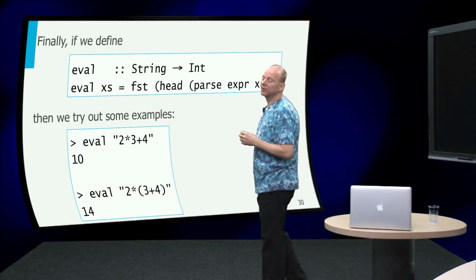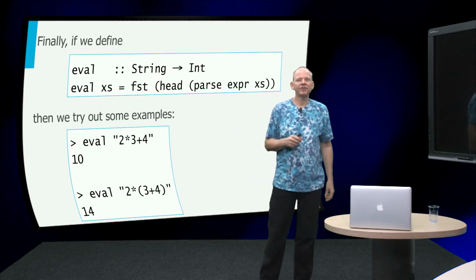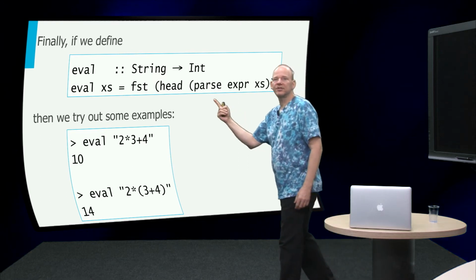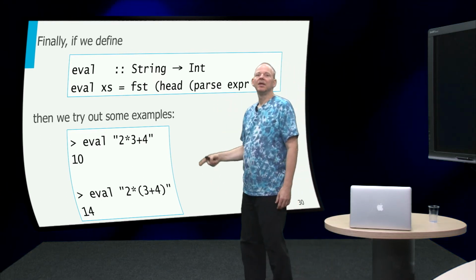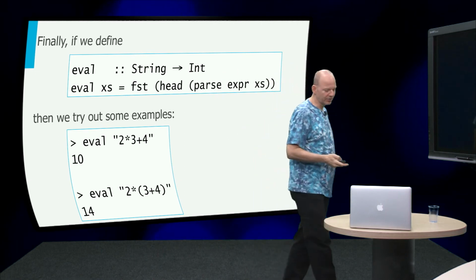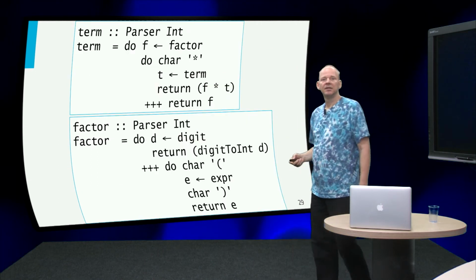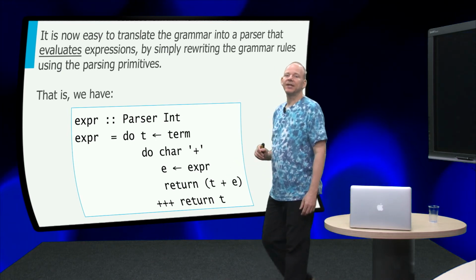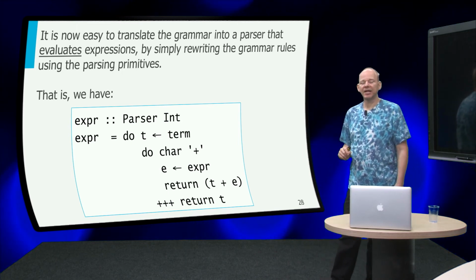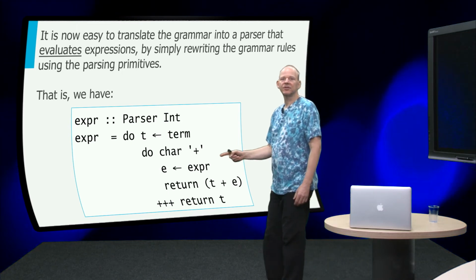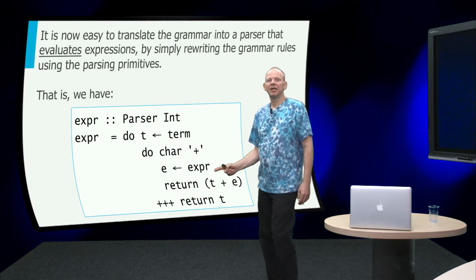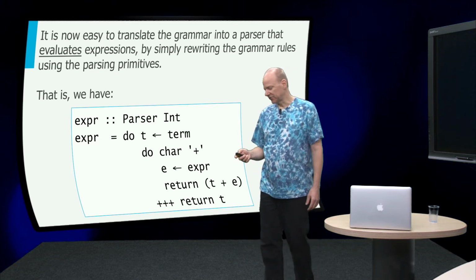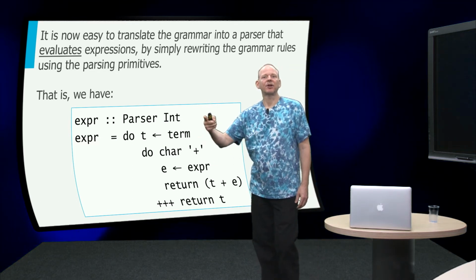Now, the next thing is we're going to define an evaluator that takes a string, tries to parse the string as an expression, and then returns the resulting value. And if we go back here, you see that we're already evaluating the expression as we're parsing it, because we're parsing the plus operator, and then we're taking the term and adding the result of parsing the expression. So the result of this is already a parser of int.